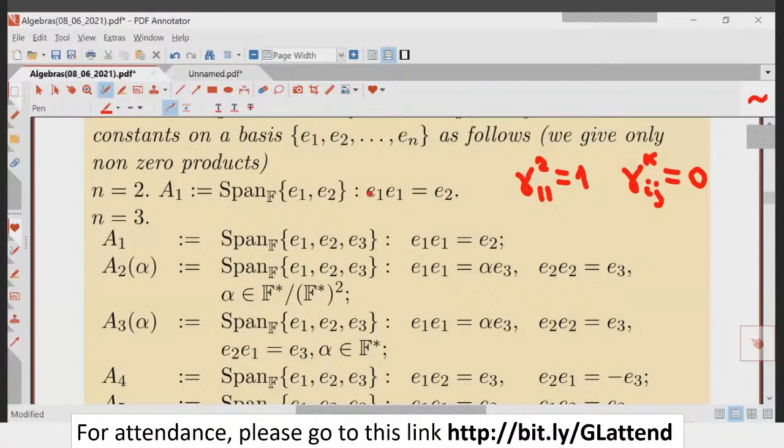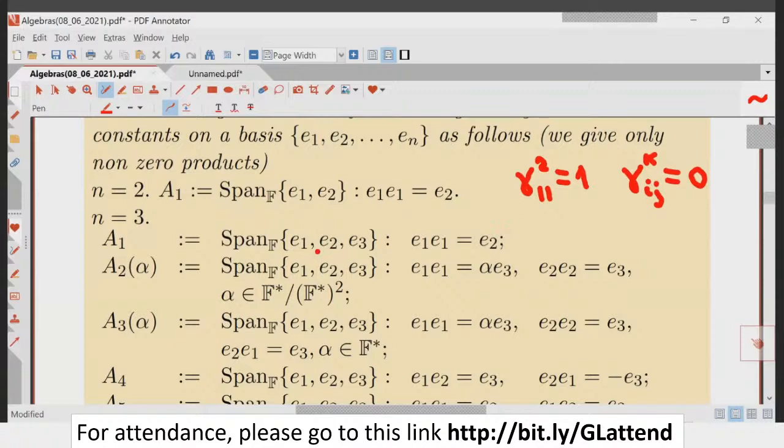So for this algebra, the structure constant gamma 112 is 1, all others are 0. Here this is a two-dimensional associative algebra, by the way.